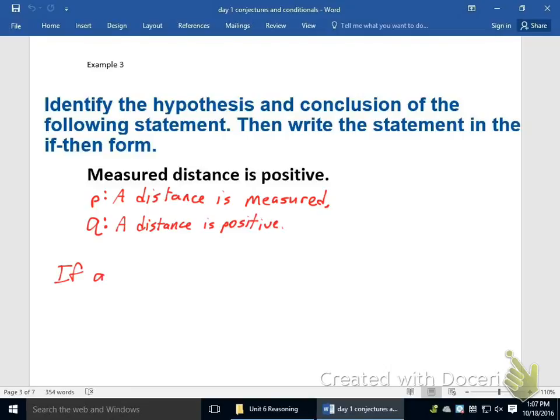If a distance is measured, and here I can use the pronoun, then it is positive. Because that's in the same sentence, I'm referring to the distance that's been measured. All right, that finishes up this problem.